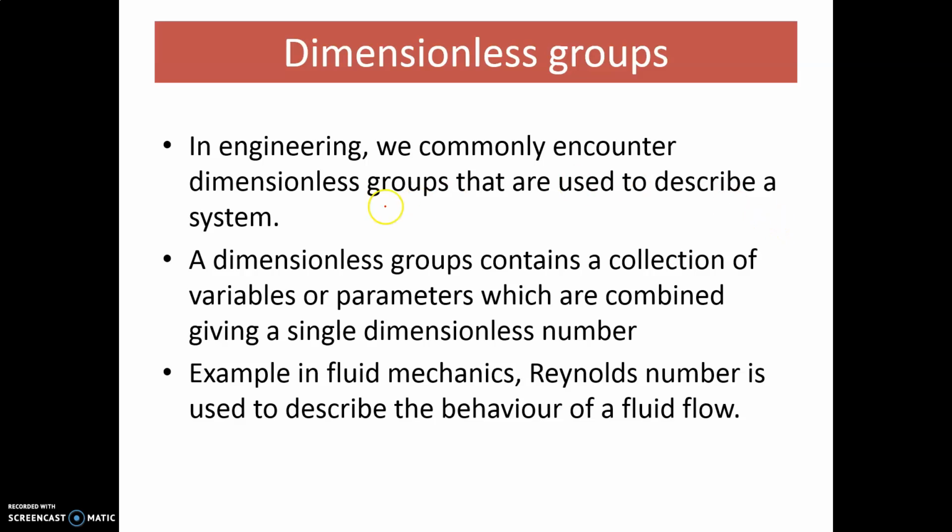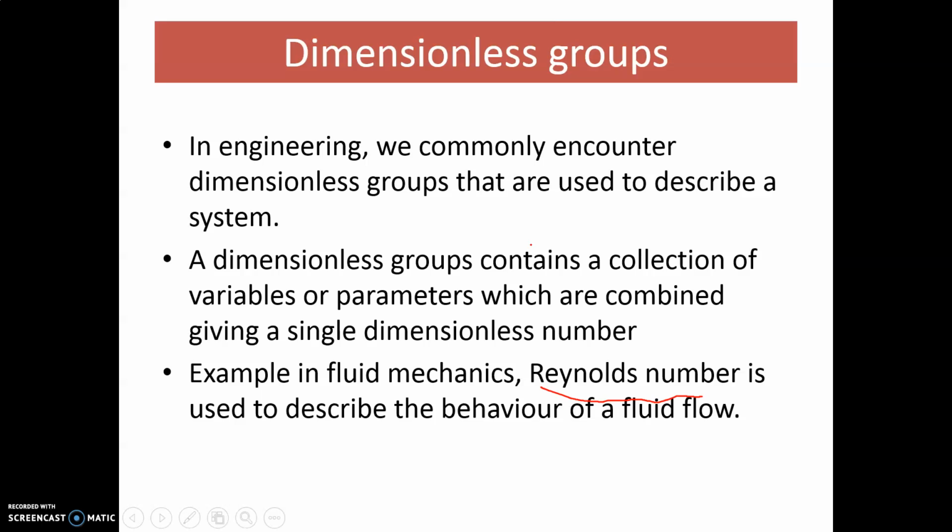Sometimes after we do the calculation, we combine all the basic units and suddenly we cancel out all the units, and the final dimension doesn't have any unit. One example is in fluid mechanics. You are going to learn fluid mechanics in the second year, if I'm not mistaken, where you will calculate Reynolds number, which is one of the examples that doesn't have any units. This is because after we cancel out everything.